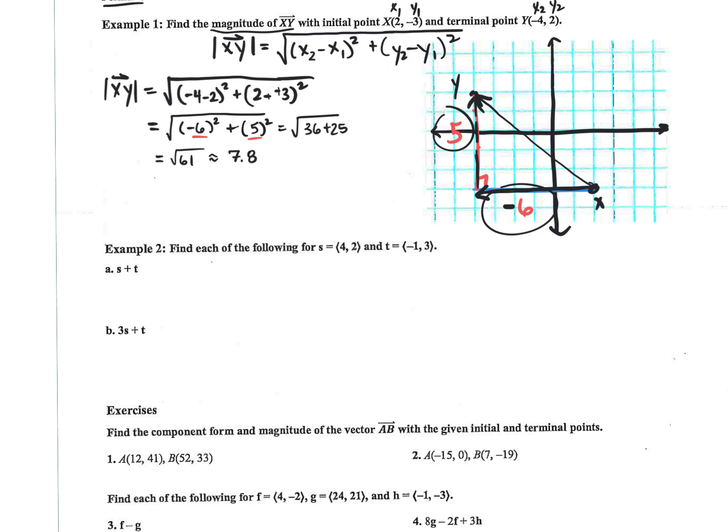Do you see it? So this represents my A, and this represents my B in my standard form. So the vector xy could be written as -6, 5, or -6i hat plus 5j hat. Does that make sense? Yes?